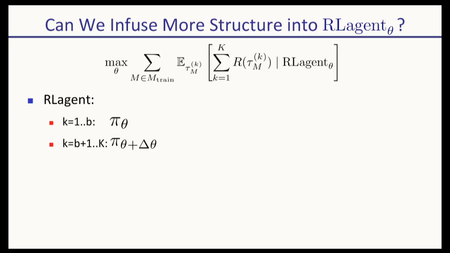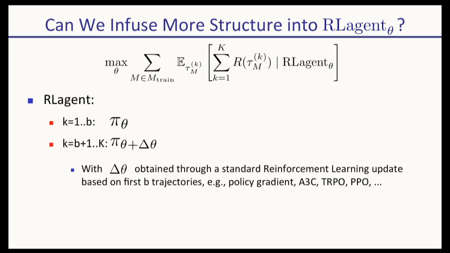And so this delta theta is then classically obtained through some standard reinforcement learning update, maybe PPO, TRPO, A3C, and so forth. One thing you could do is say, if I want an agent that adapts quickly, how about I find a theta such that in my next episodes, I'm going to do reinforcement learning updates.